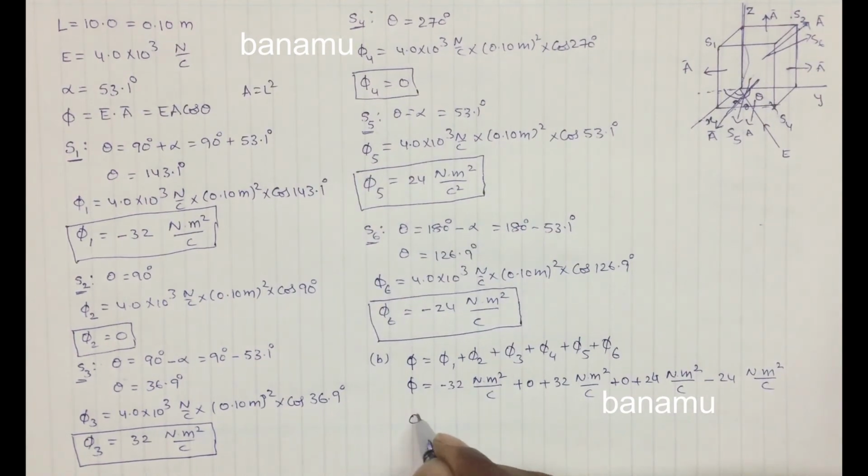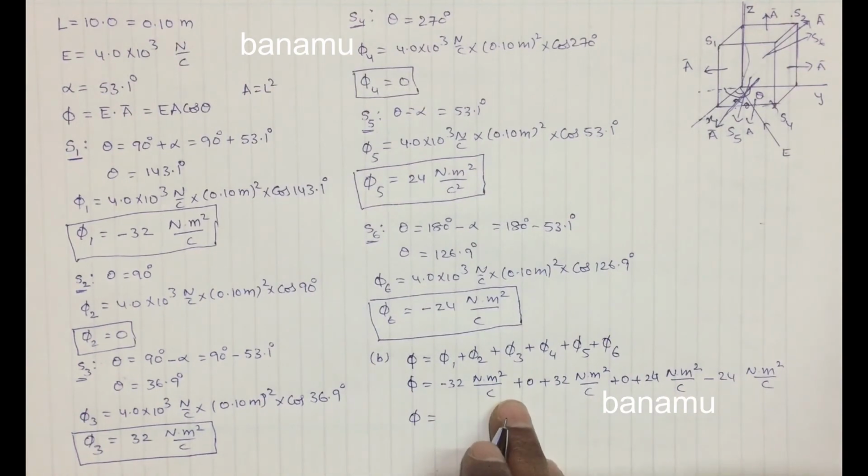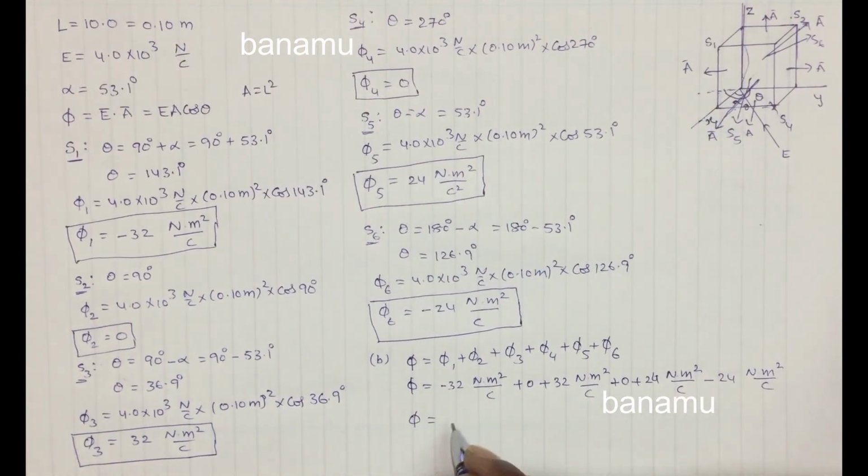So the sum of the electric flux through each surface is 0.